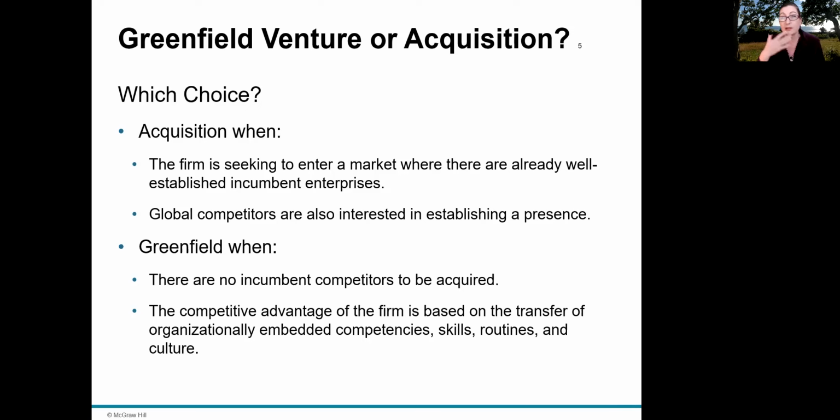It's better to go with a greenfield venture when there are little to no competitors that you can snap up, and it's a good idea to go greenfield when the competitive advantage of your organization is based on the transfer of embedded competencies, skills, routines, and culture within your organization, right? So, because that's not easily replicated.